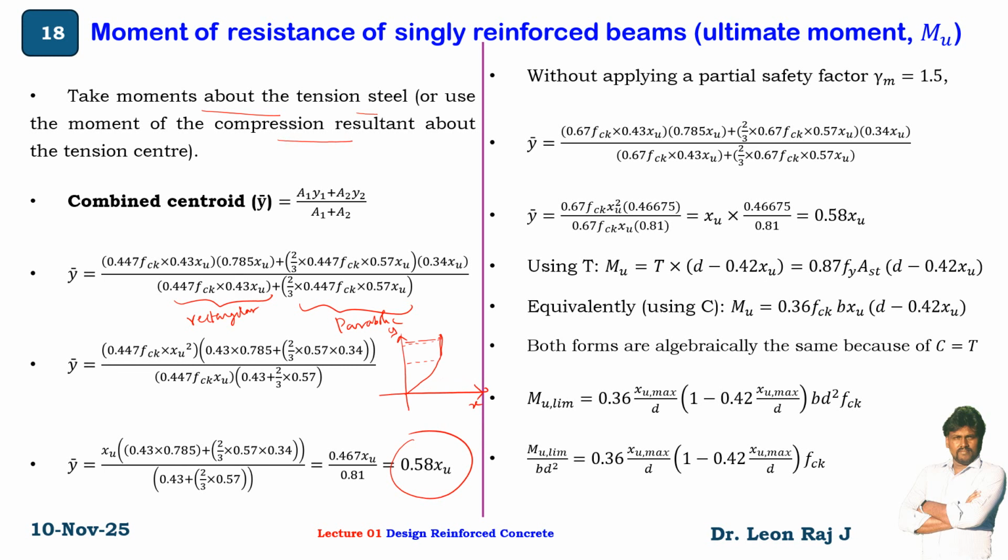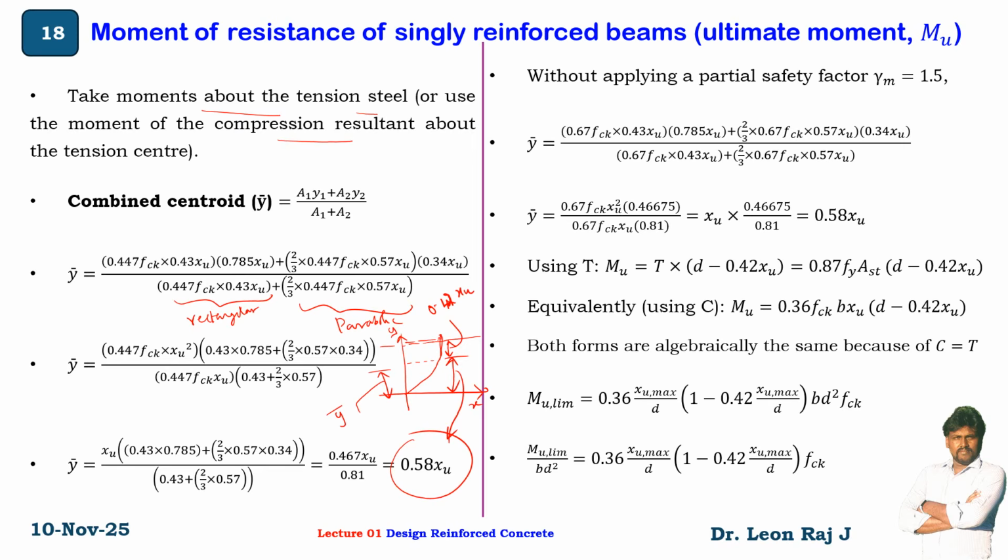And exact line of action is 0.58 XU from the bottom. From the top it is 0.41 or 0.42 XU. So this is nothing but y bar. Earlier I explained why we have to find y bar. The y bar is nothing but line of action of the force.